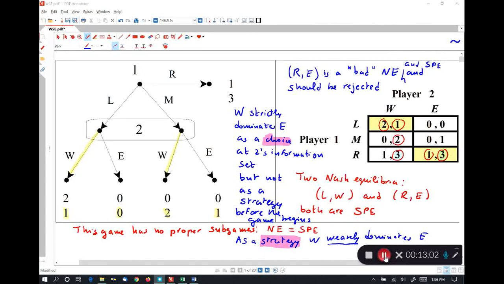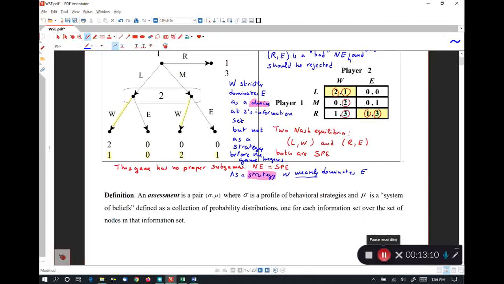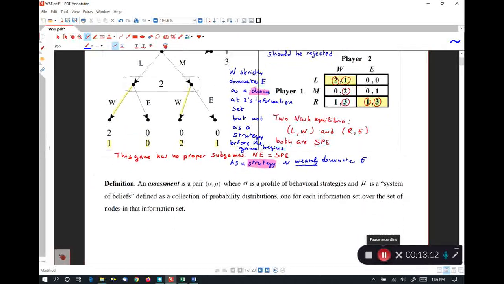Now, just using the notion of strategy profile will not do. And so we need to enlarge the object we are talking about from not just a strategy profile, but also something else.